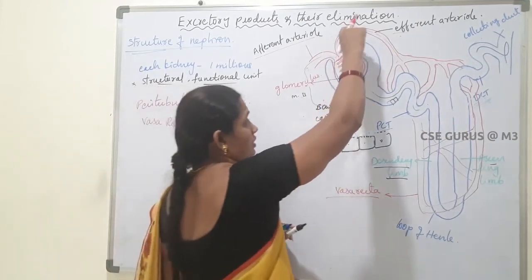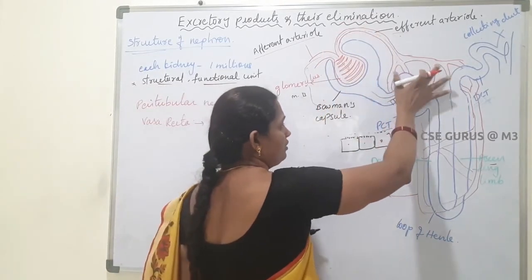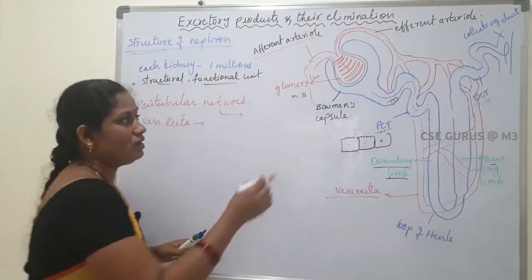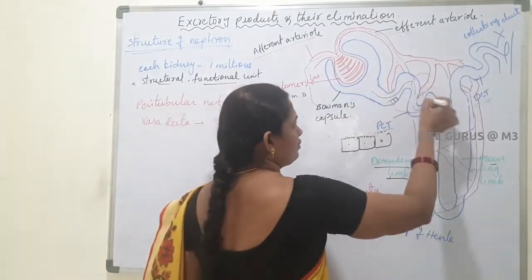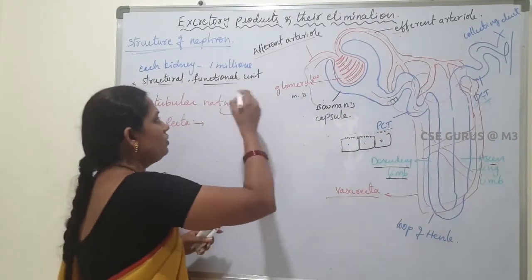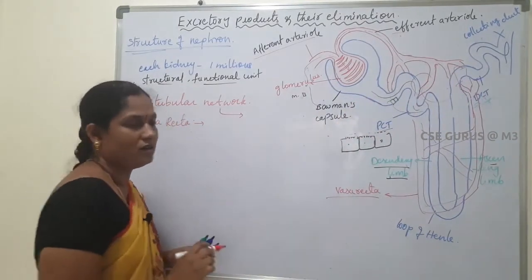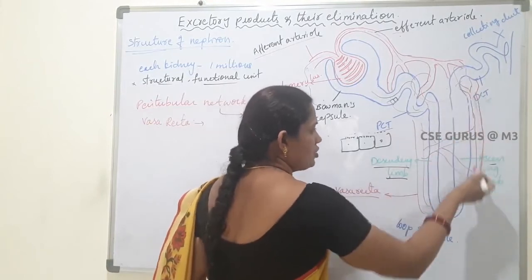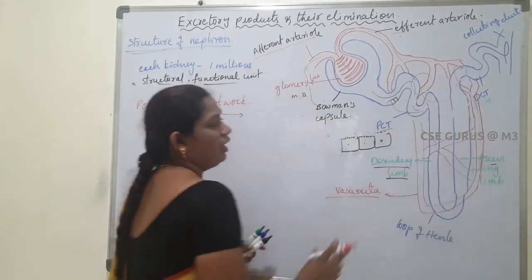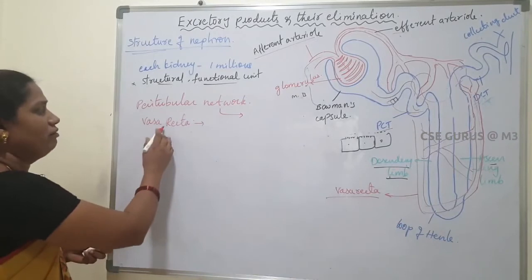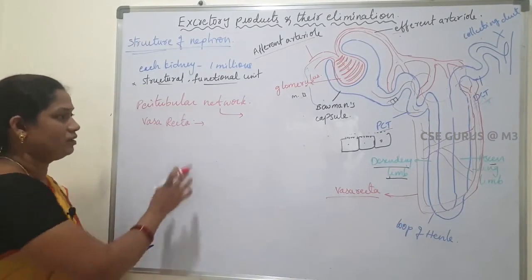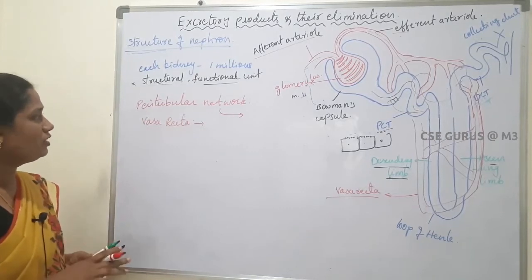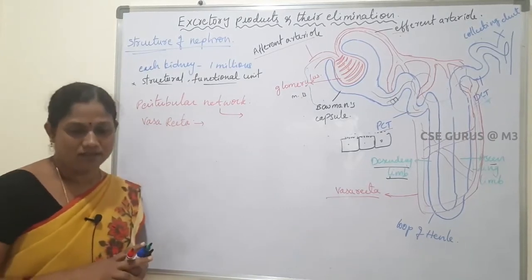After that, the efferent arteriole divides into many branches, forming a network called the peritubular network. From this network, some tubes are arranged along the Henle loop. They are called vasa recta. So this is about the peritubular network and vasa recta.